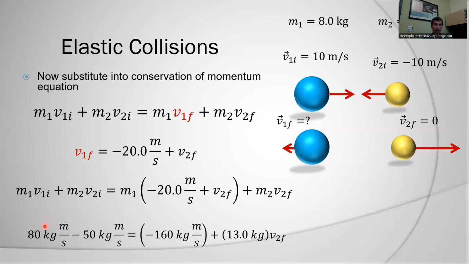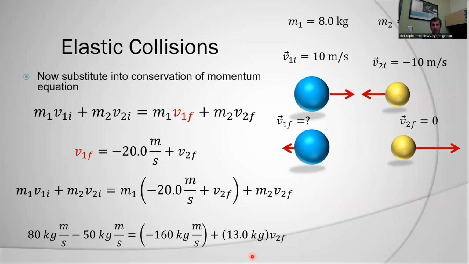M1 times V1I is 8 times 10. M2 times V2I is negative 5 times 10. And then we have 8 times negative 20 is negative 160. And M2 is 5 times V2F, but I have also 8 times V2F, and that gives me 13 kilograms V2F.